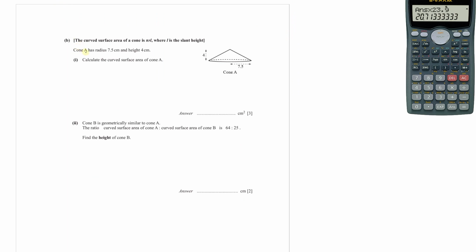Part B is cone A has radius 7.5 centimeter and height 4 centimeter. Calculate the curved surface area of cone A. So you're given that the curved surface area is pi r L, where L is the slant height.